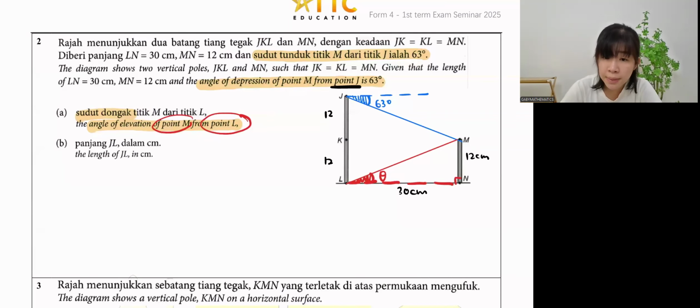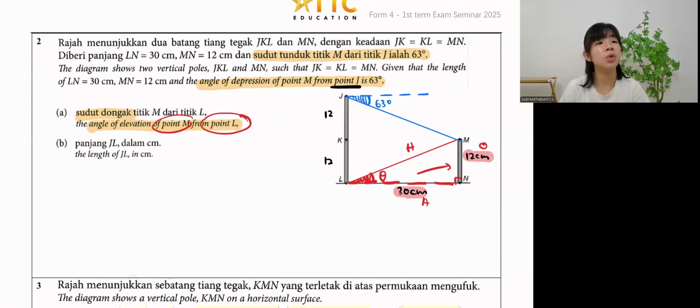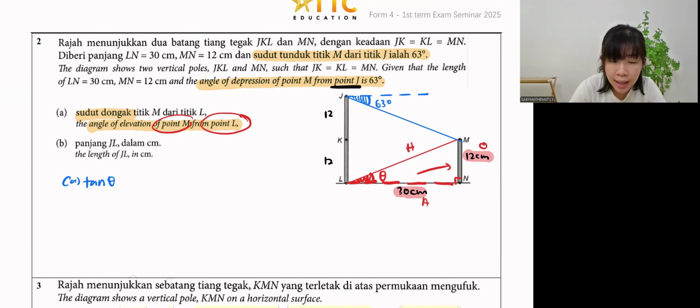Opposite of angle theta, this is called O. Opposite of 90 degree, this is H, and then 30 is A. I have 30, which is A. I have 12, which is O. OA is 2. We use tangent. Tangent theta equals O first, 12 over A, 30.